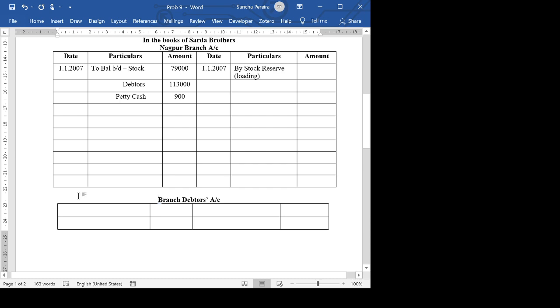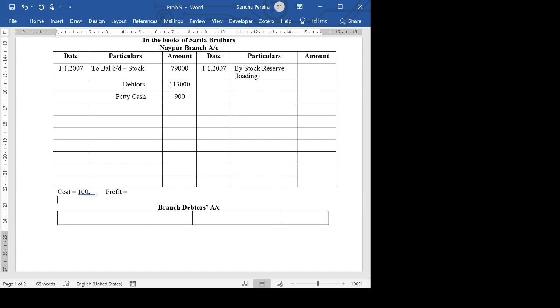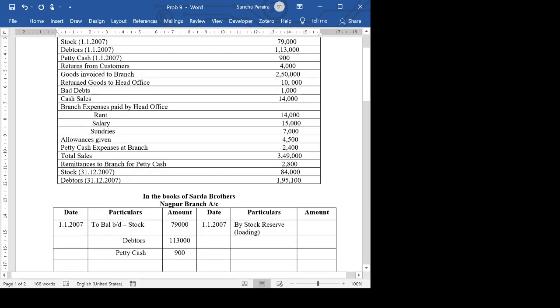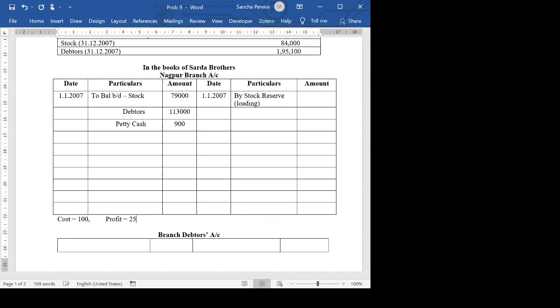The cost is always 100. Then we have the profit here, which is given to us as 25%.